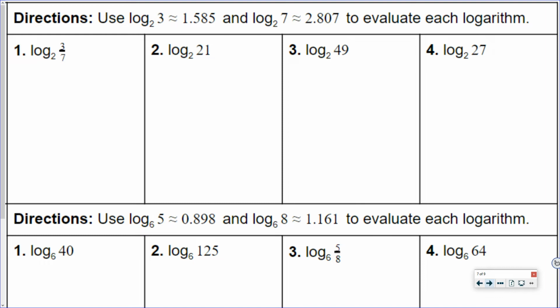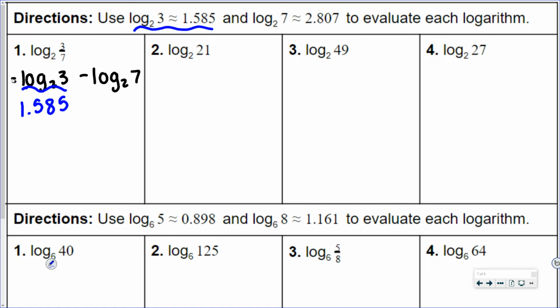This one's the most obvious because I have a quotient, right? So log properties, I could take the log of my numerator and the log of my denominator and do one operation with these, subtract, right? And we know what this is. Log base 2 of 3 is this, approximately, obviously.